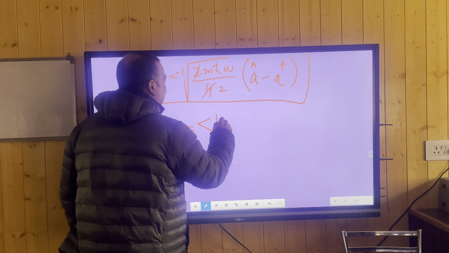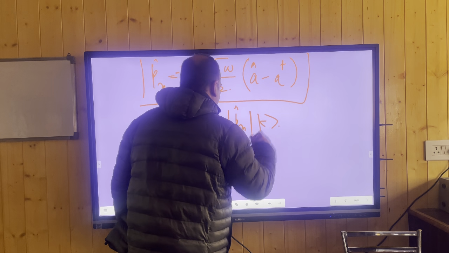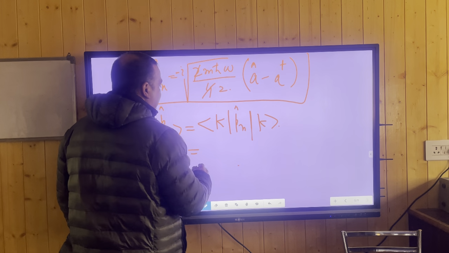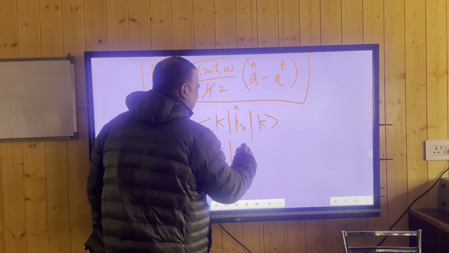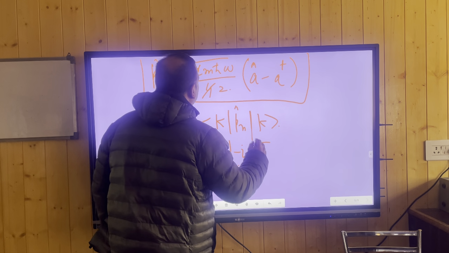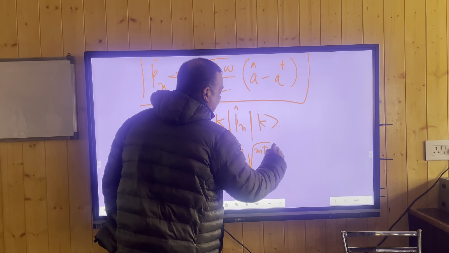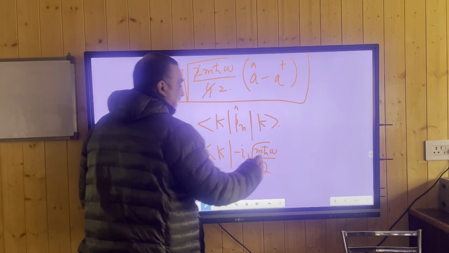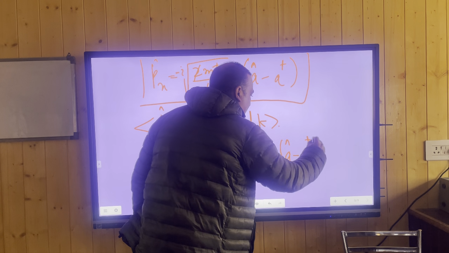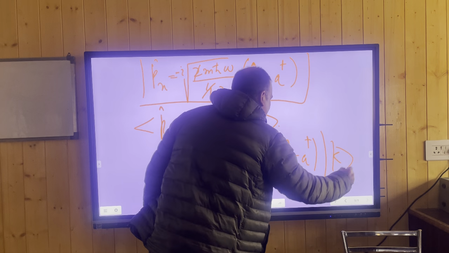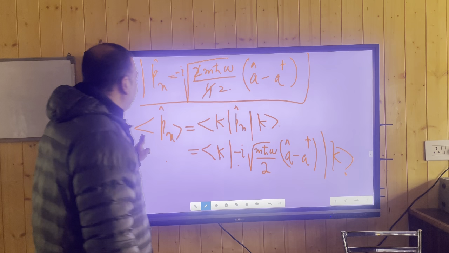That will be K, Px cap, and K. And for Px, I'll be using this, minus i square root of m h bar omega by 2, and then the annihilation operator and the creation operator, a cap and a dagger. I'll close it, and this will be my K. So evaluating this bracket will lead me to the expectation value of momentum.